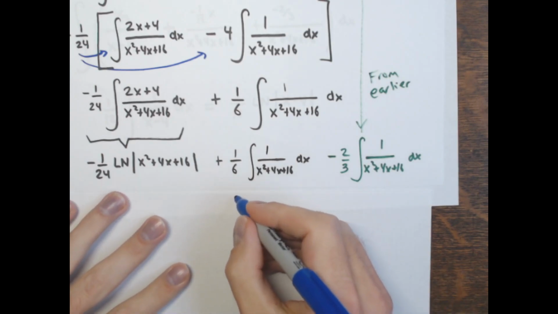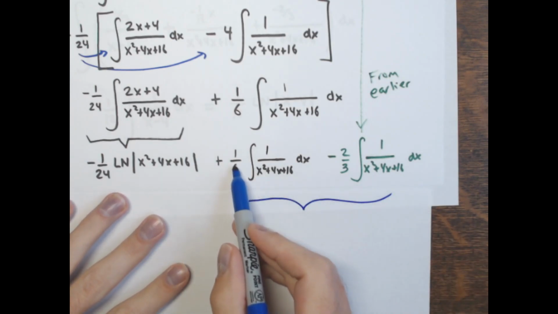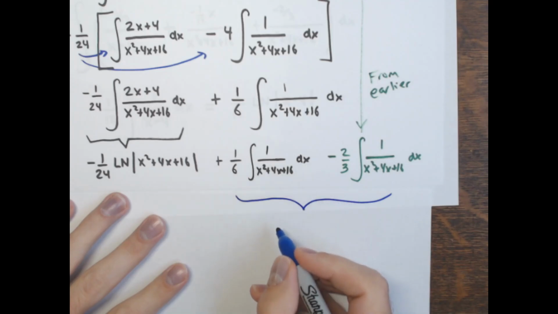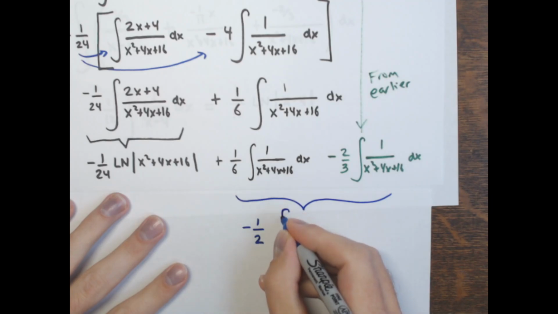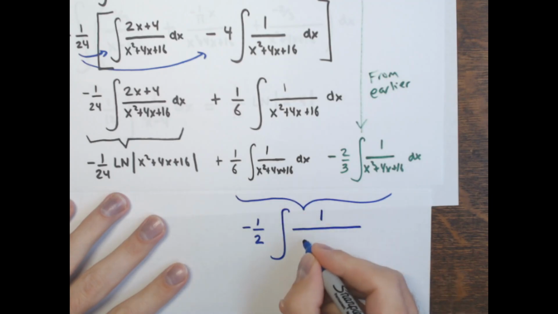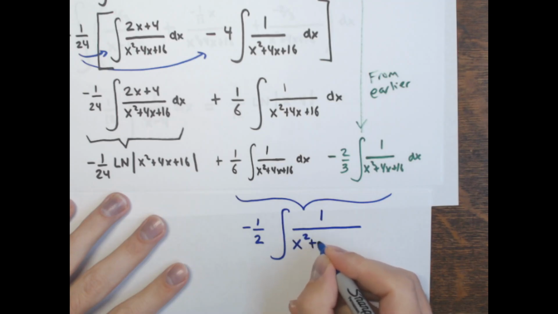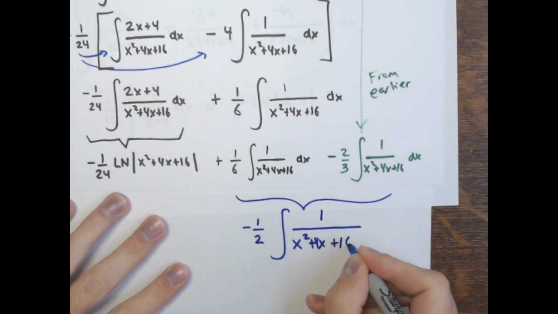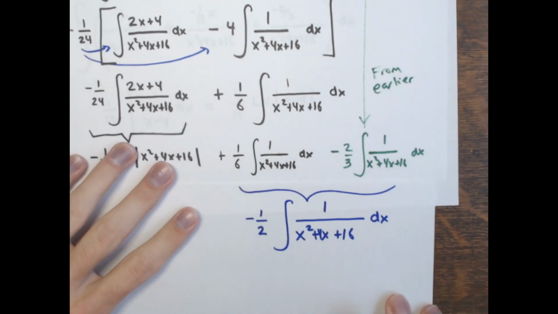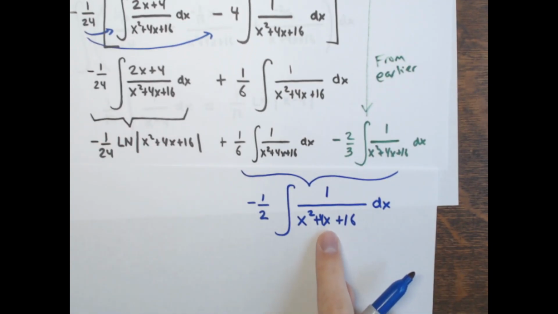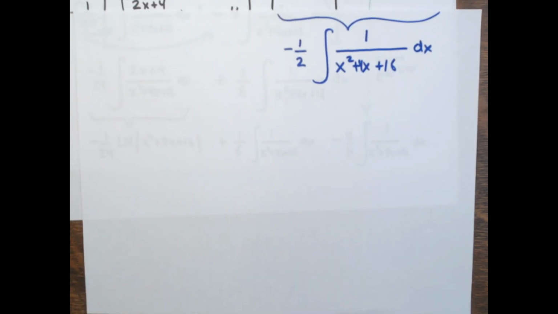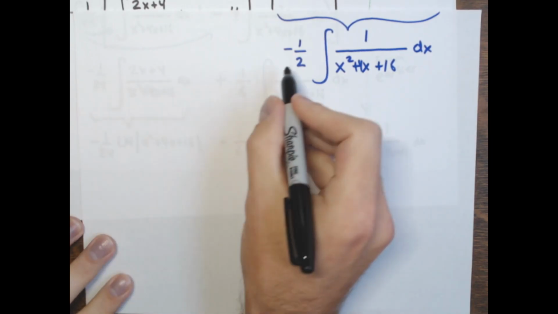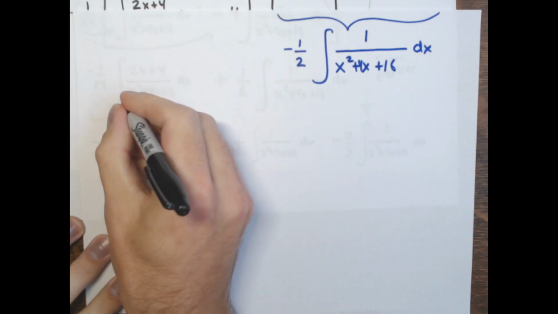All right, and then put it all together at the end. 1/6 minus 4/6 is negative 3/6, or negative 1/2 of this integral, the integral of 1 over x squared plus 4x plus 16 dx. All right, so this is the final integral, and then we'll put it all together at the end. So forget the negative half for now. I'll bring that back. We're just doing this integral.